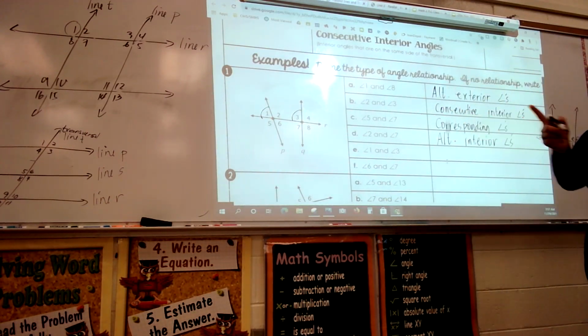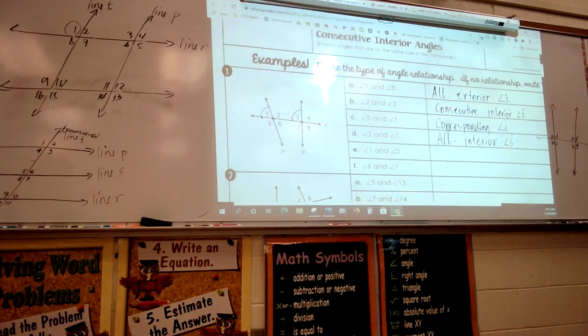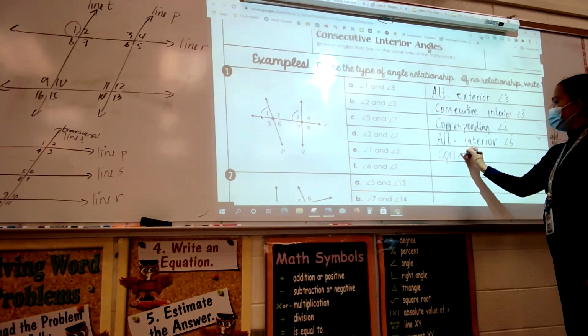Next, angle 1 and angle 3. Look at that. Angle 1 and angle 3. They are in the same position. Marlon. One exterior and one interior. What is that? Corresponding. Corresponding angles is correct. Orden.